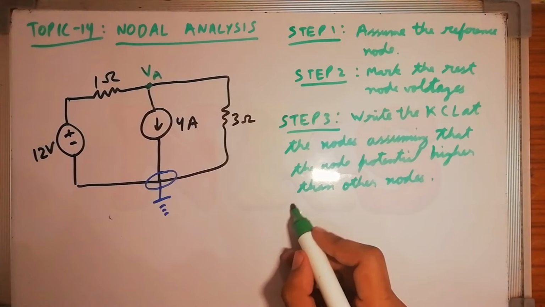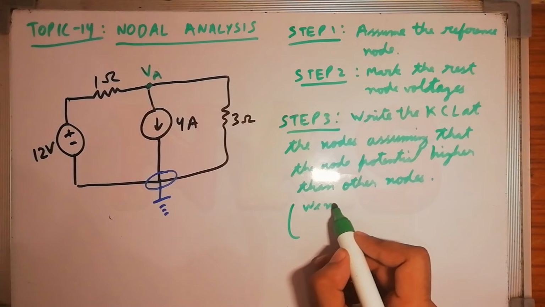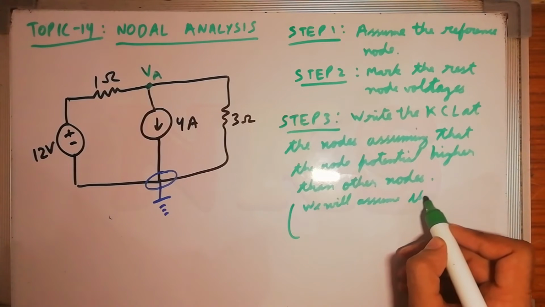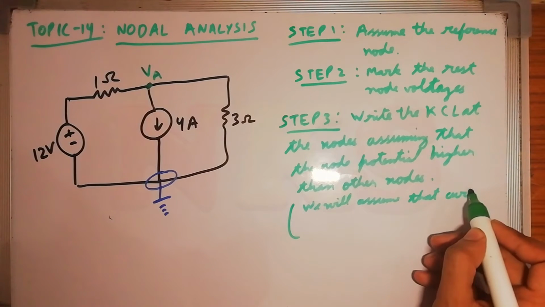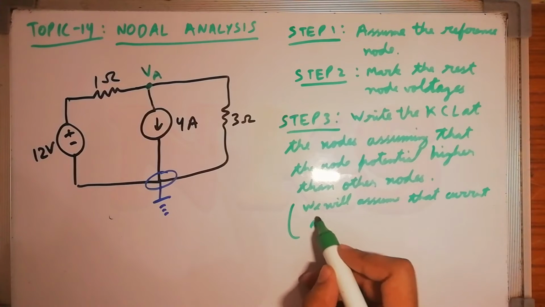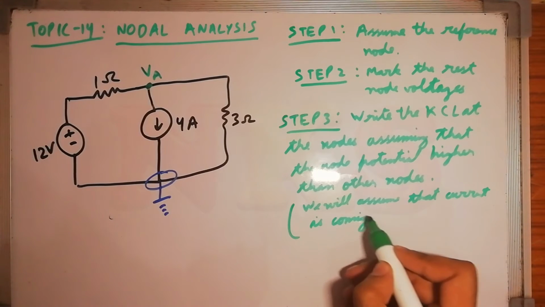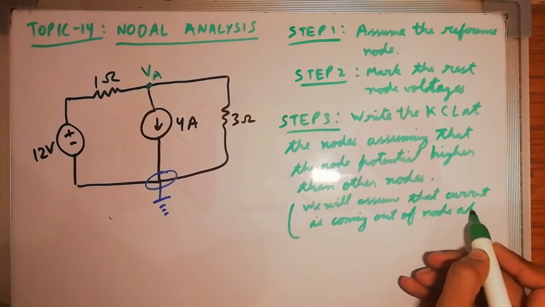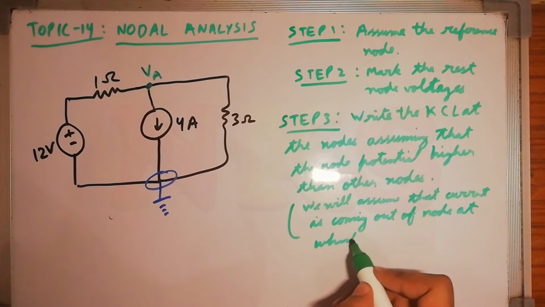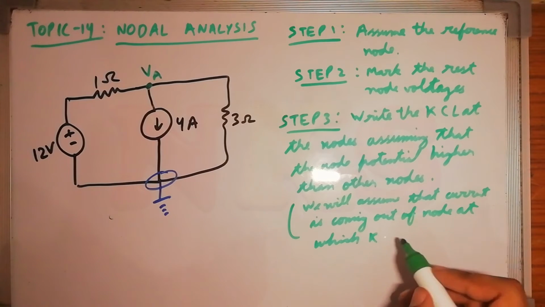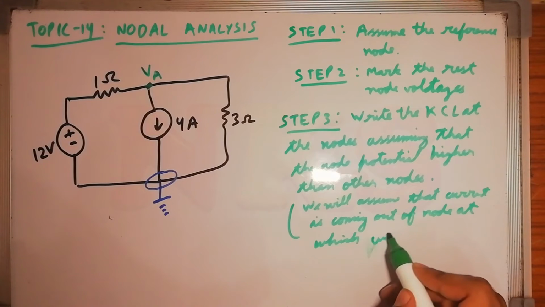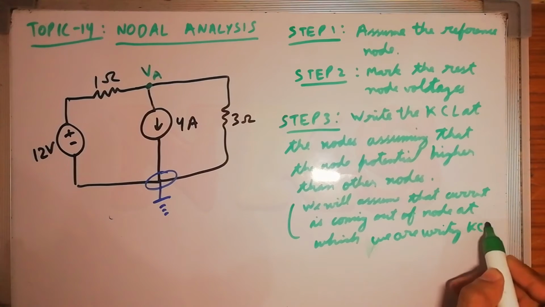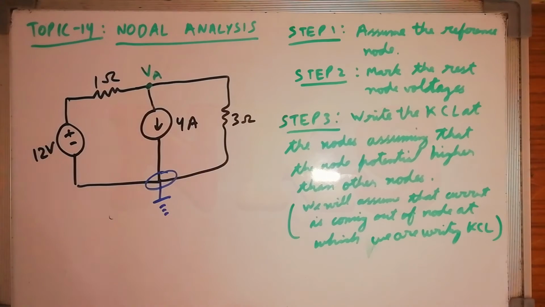In other words, we assume that current is coming out of the node at which we are writing KCL. I am writing this just to give you a sense of clarity.